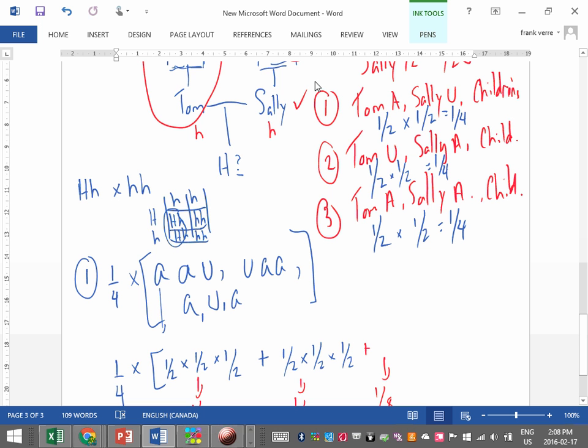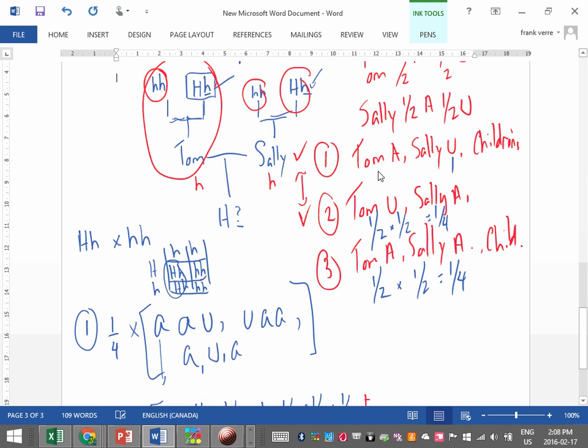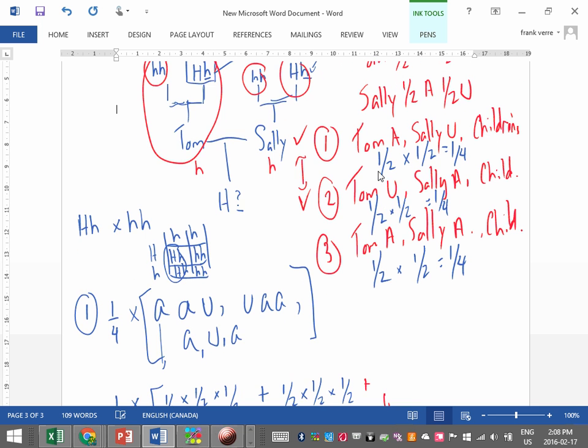Which of those other two would be the mirror image of number 1, which would give you the exact same result? Yeah, this one. These two are mirror images of each other. So for 2, we could say it's the same thing.